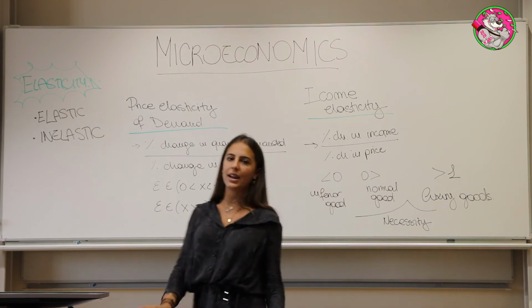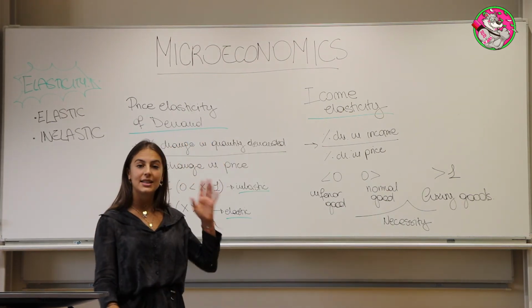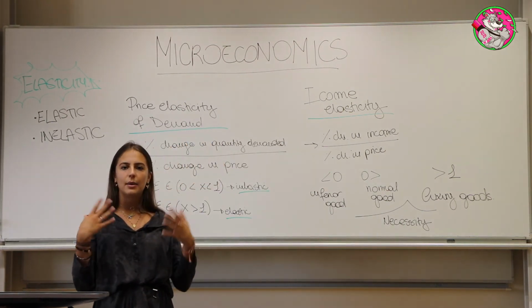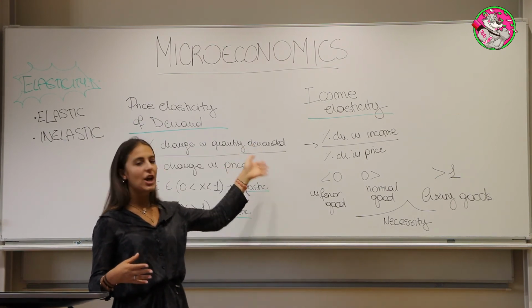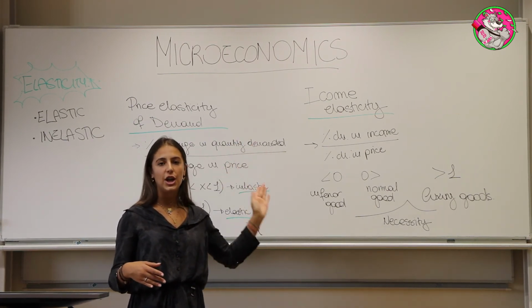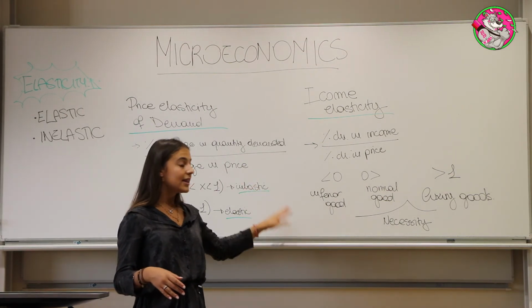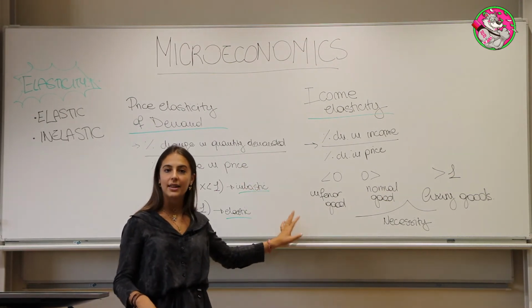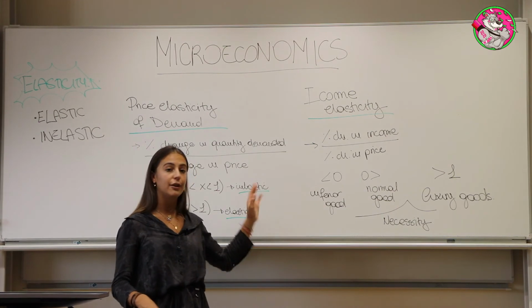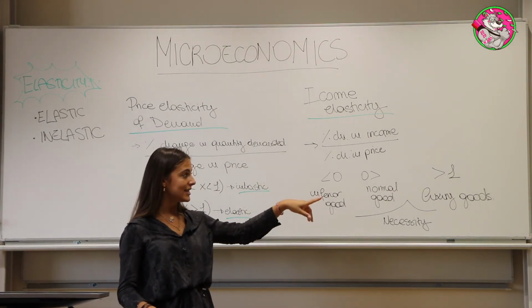We can also analyze the income elasticity, and it's always the same principle. So it's the change in income over the change in price. And this allows us to qualify the goods and to understand if they are inferior goods, normal goods, necessities, or luxury goods.